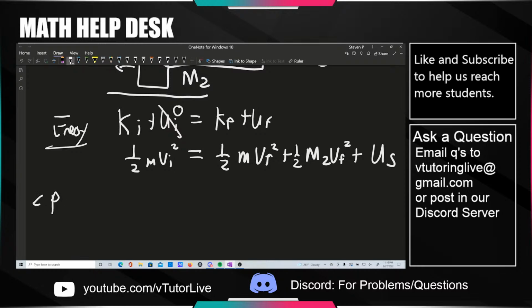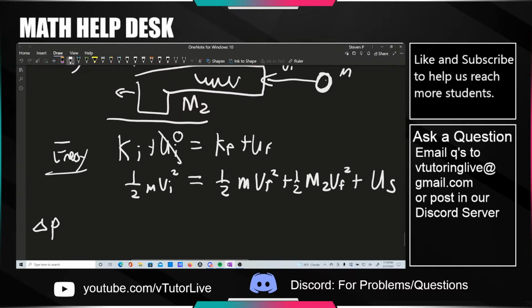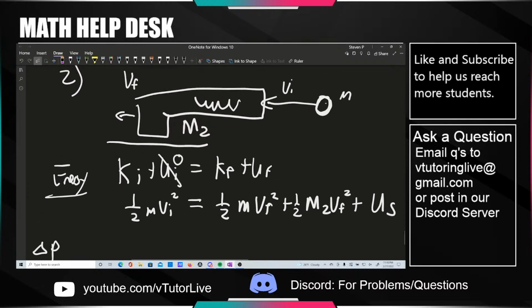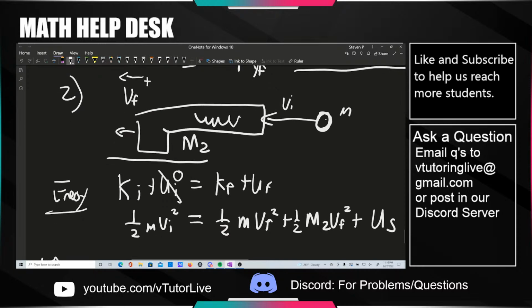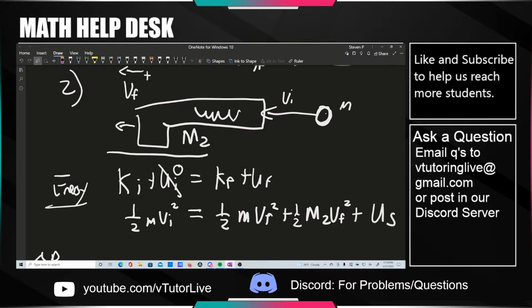But then conservation of momentum is basically saying the momentum initial was, it's annoying that everything's going to the left, but for consistency, let's just call to the left the positive direction for this problem, because everything's moving to the left. I don't want to put negative signs everywhere.